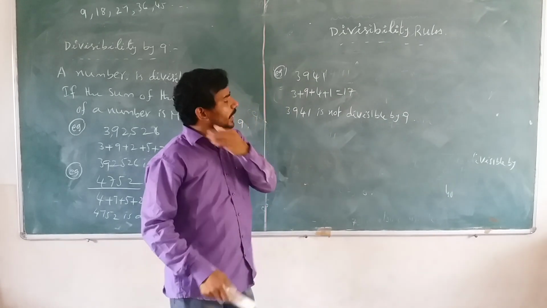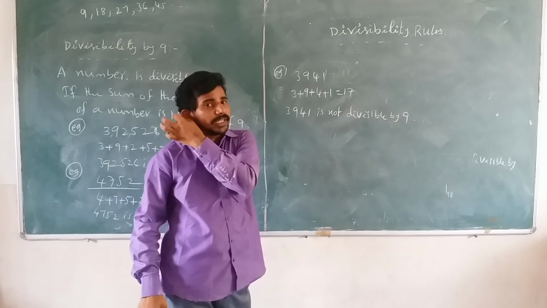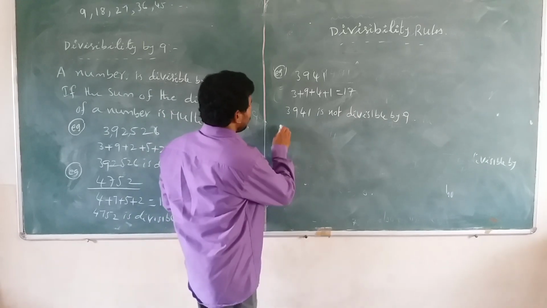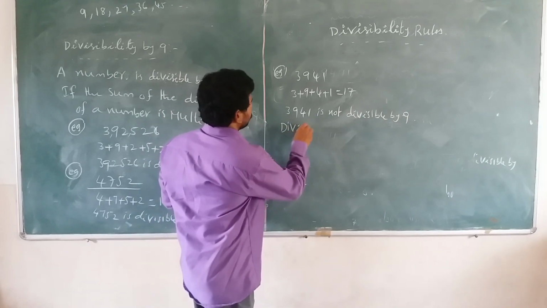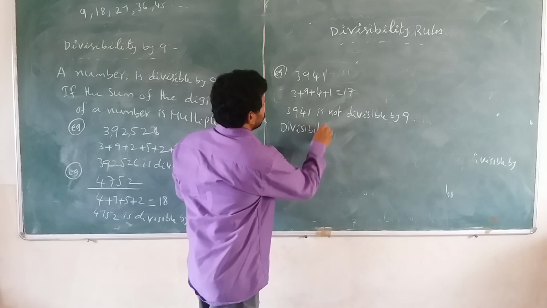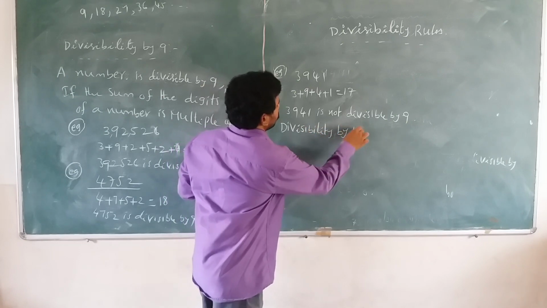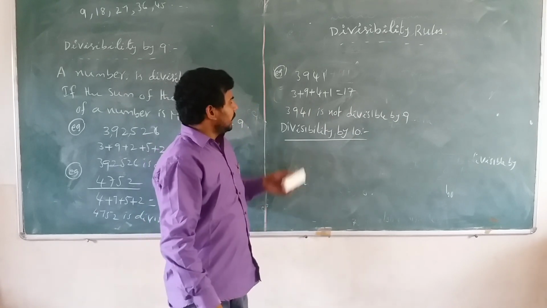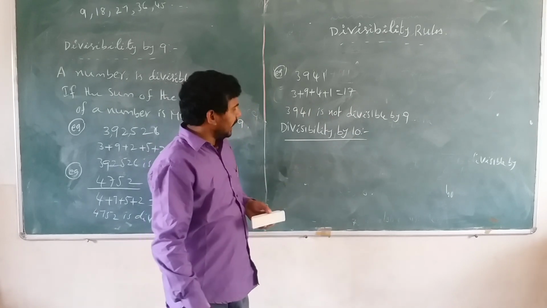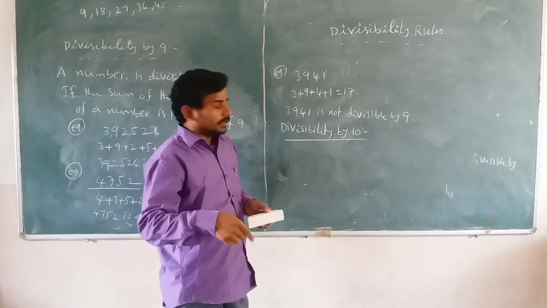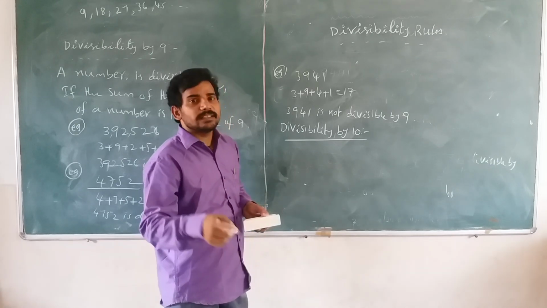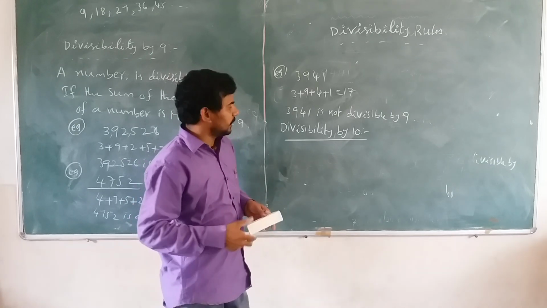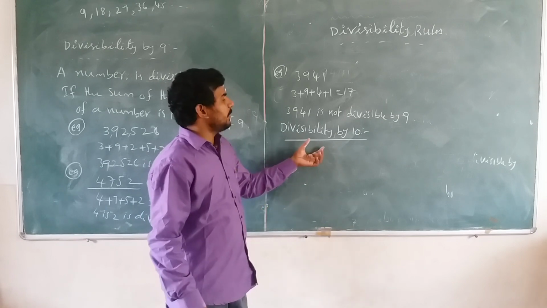Now we are going to learn about divisibility by 10. Divisibility by 10. A number is divisible by 10 if the last digit is 0. Once again children, divisibility by 10.